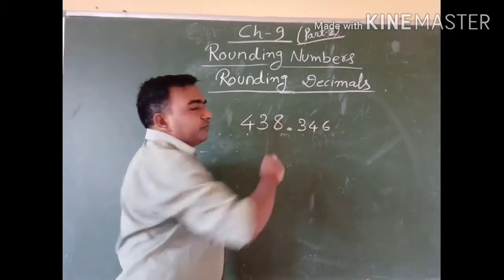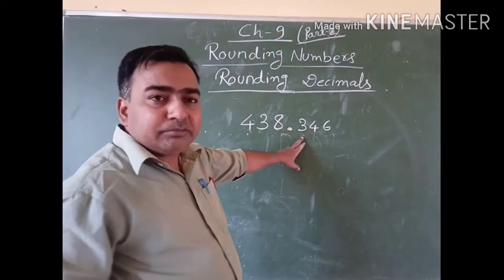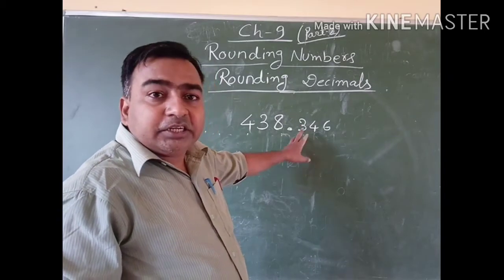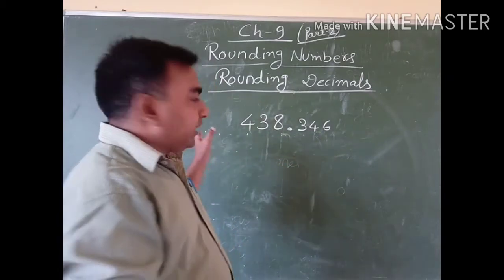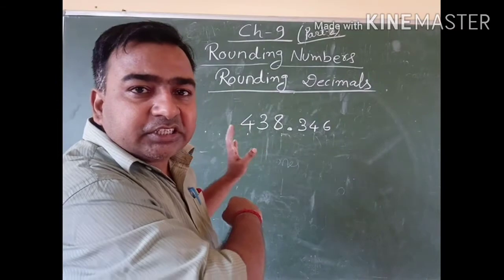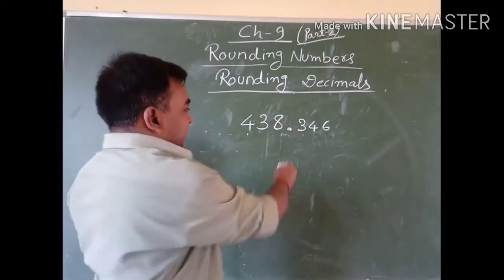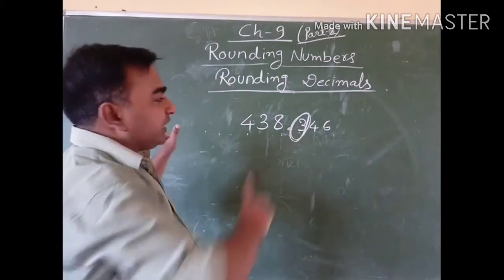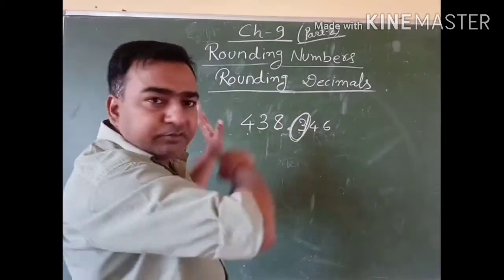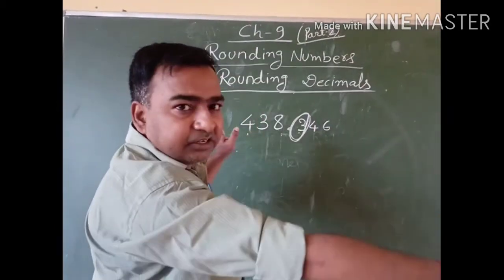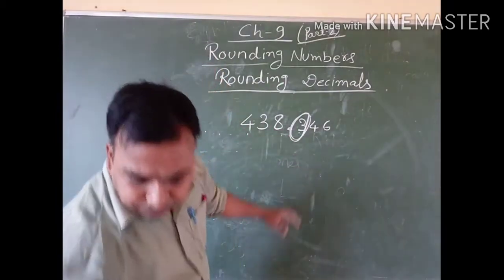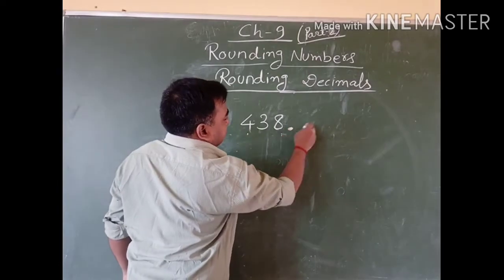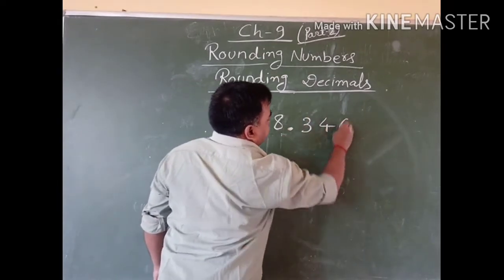And when we count the given decimal number, where do we start from? We start from the left hand side and end with the right hand side. This is 346.